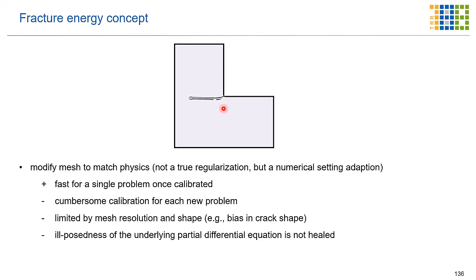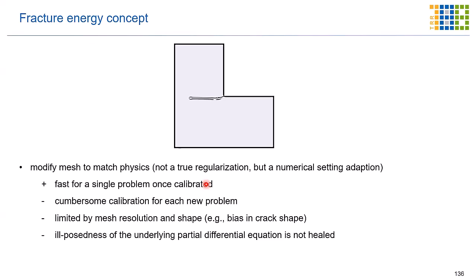But then you must only use that single element size over and over again, or element type just as well. So it's fast for a single problem once it's calibrated, because you're just adjusting the numerical settings according to your mesh. But it can be a cumbersome calibration for each new problem.